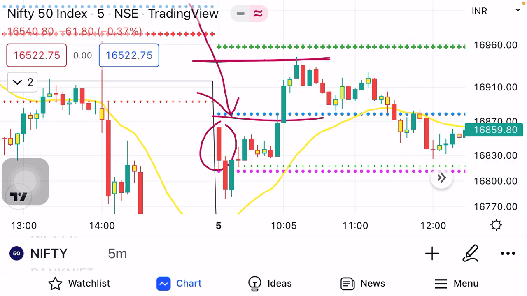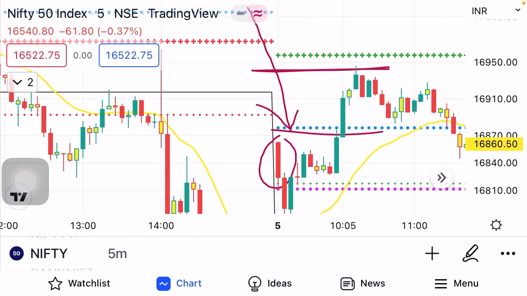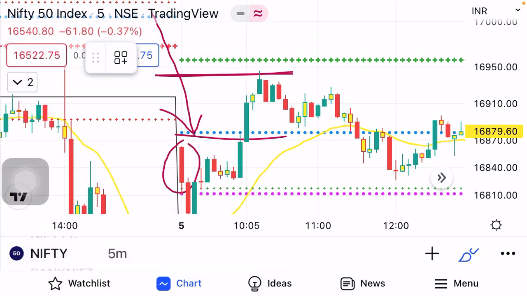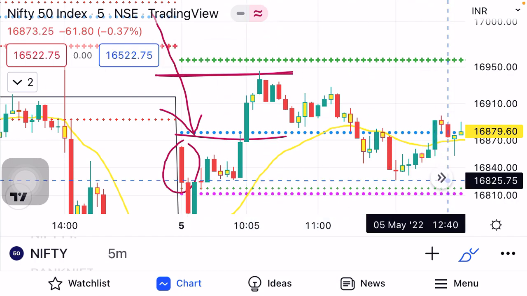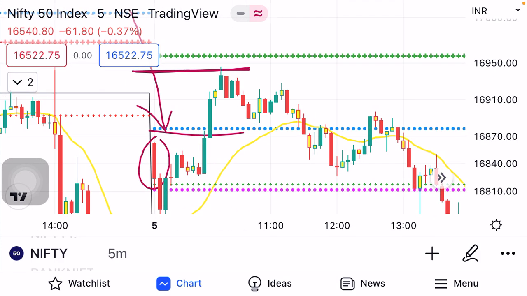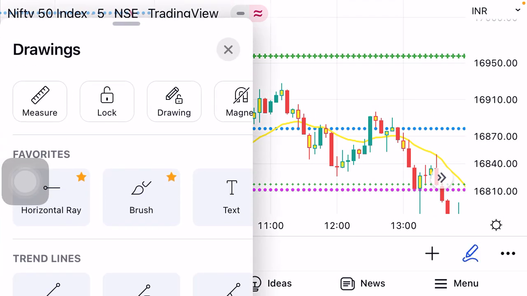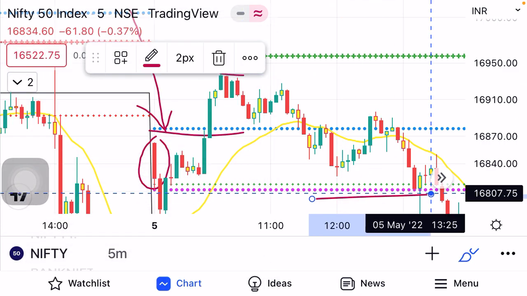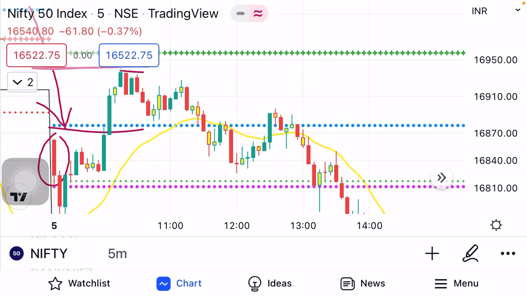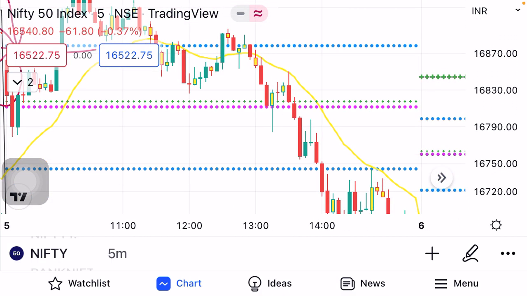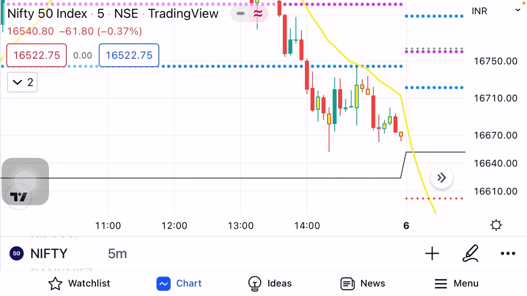If you take a put position at this point, you can book profit at the central CPR. It's around 100 points movement. So at this point you can take a put position and the target will be the central CPR. That's all for Thursday, that is 5th May 2022, and we'll move on to the next day, that is 6th.